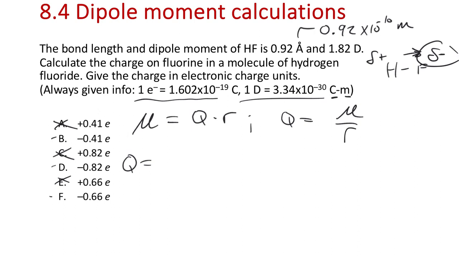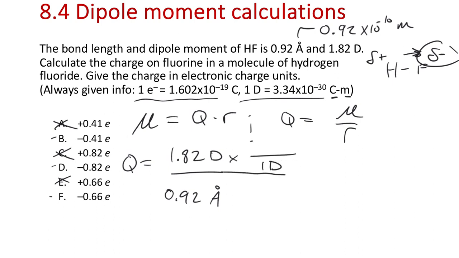If I just take 1.82 Debye and divide it by the 0.92 angstrom, it would be hard to tell what the unit would be for charge. And so this is why we just have to go through the process of converting 1 Debye into Coulomb meters.